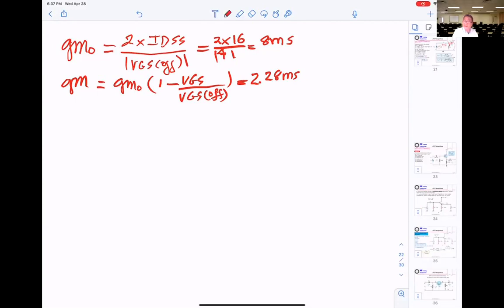So gm, I get 2.28. Does anyone agree with that, or do you get something different? What was VGS and VGS off? -2.